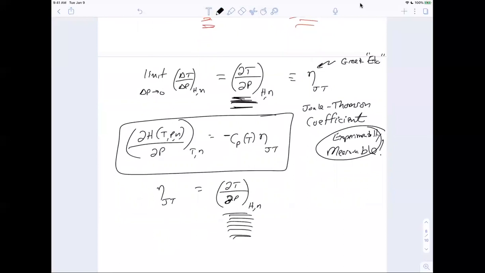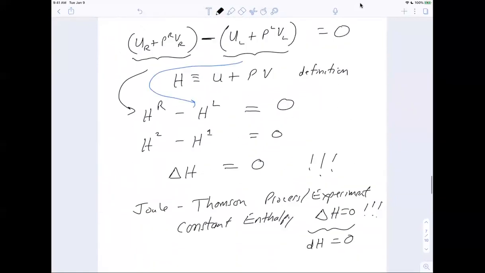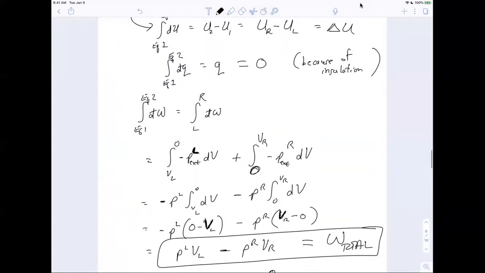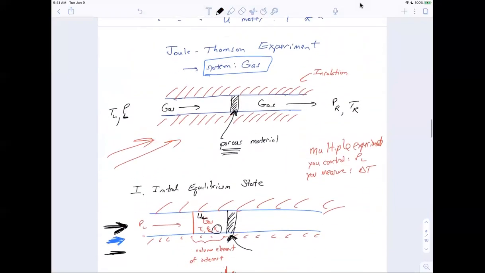It's really about this rate of change of temperature with respect to the rate of change in pressure. That's important because we can use this process, and a major source of how this process is used is that you have a change in temperature across this porous plug.